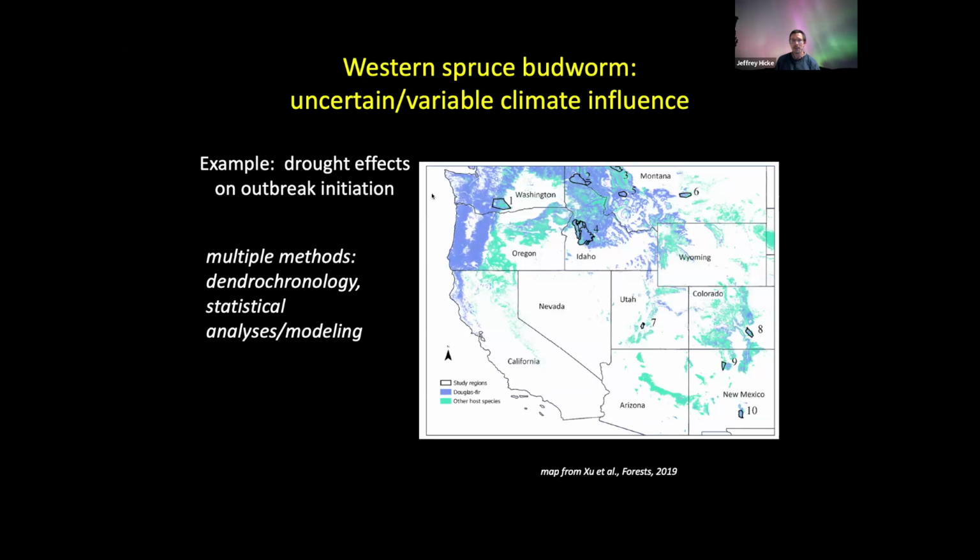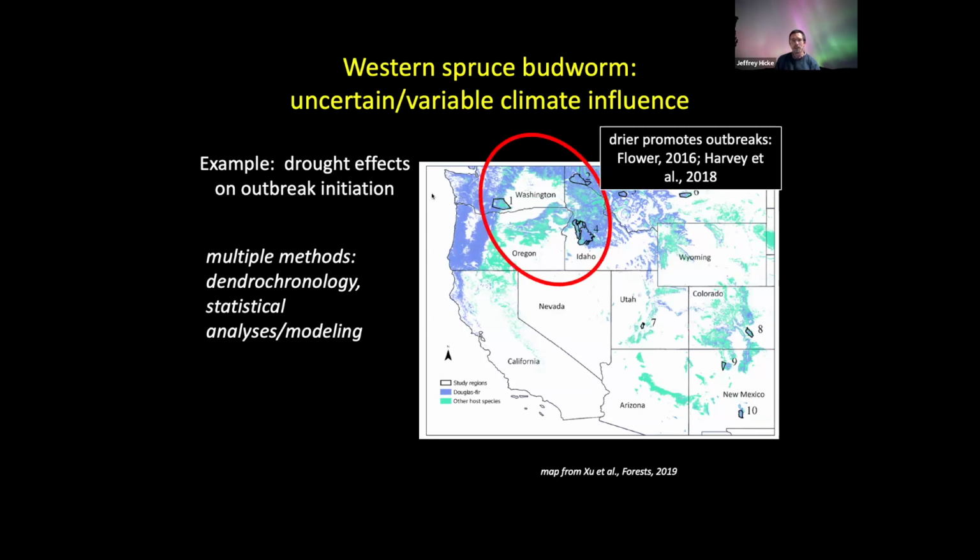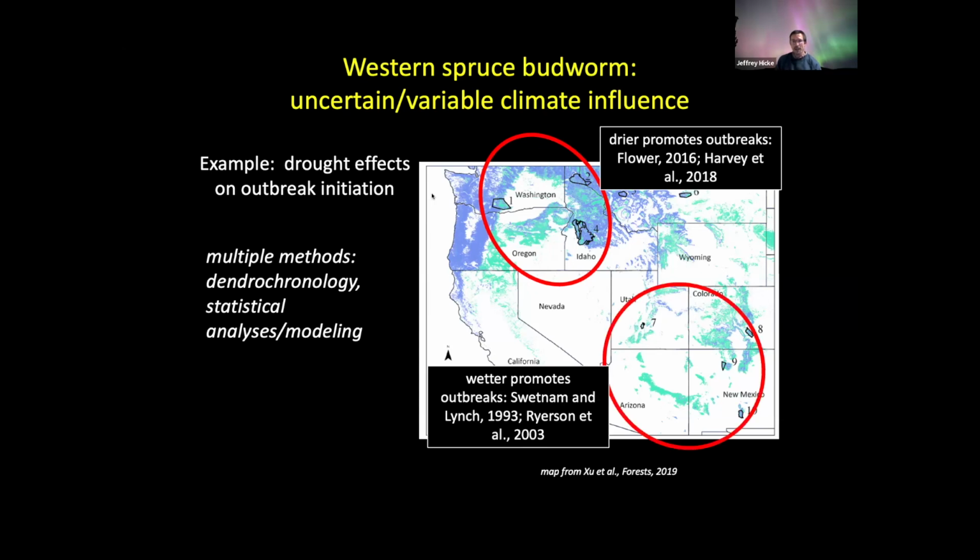So this is a map that just shows the distribution of Douglas fir and other host species, just for illustration. But I wanted to show you that there is spatial variability in this effect. So in the north and northwest, as well as in southern British Columbia, it appears that drier conditions promote the outbreak initiation. But in the southwestern US, it appears that wetter conditions promote outbreak initiation.